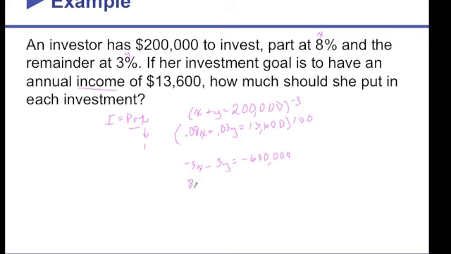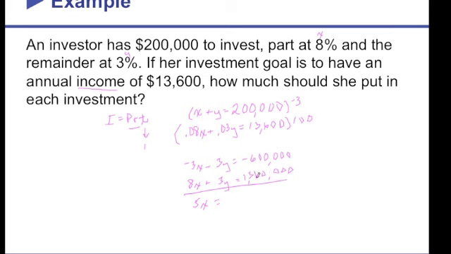So that will give me 8x plus 3y equals, I'll have to add 2 zeros on this, it will equal 1,360,000. Adding those two, I'll end up with -3x and 8x is 5x, -3y and +3y, they're gone.